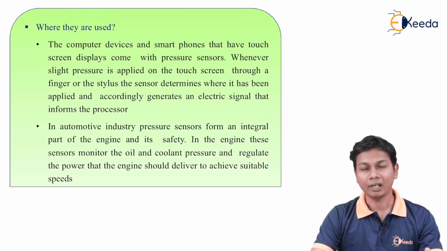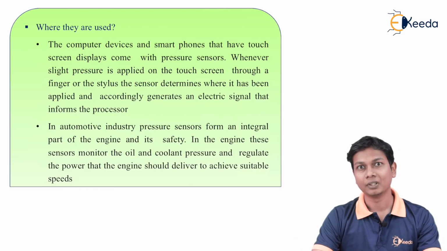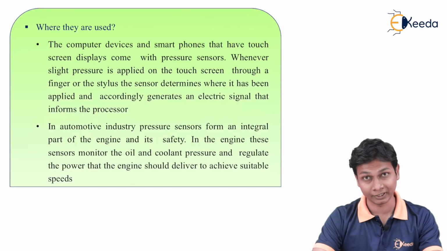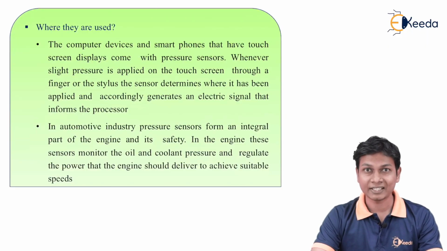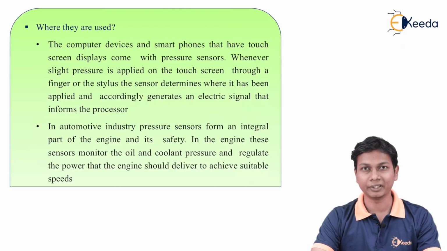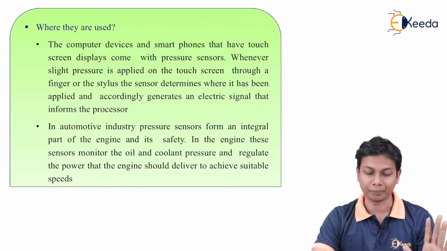There are various types of touch screens available. You can say capacitive touch screen, you can say resistive type of screen, but the sensing phenomenon of that particular screen is pressure type.